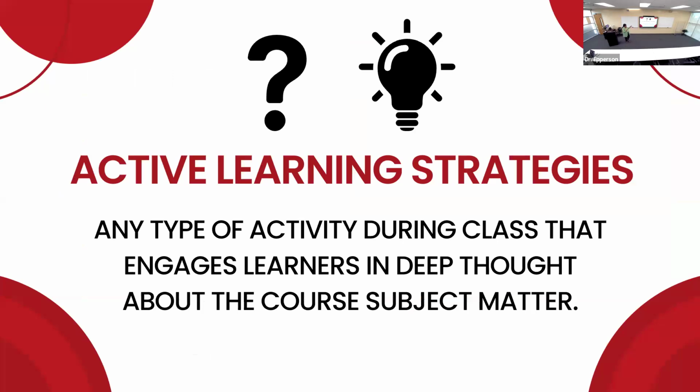So when I think about how we get to active learning strategies that can help us, let's start with, and this is not by way of Webster's dictionary, a definition for active learning strategies. However, it can be any type of activity during class that engages learners into a deeper thought about the subject matter. So anything that we can be exposed to.